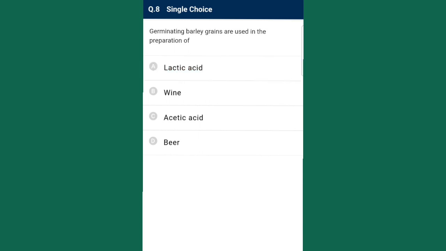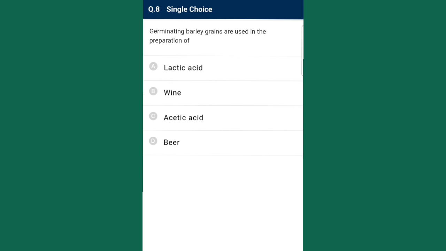Germinating barley grains are used in the preparation of: depending upon the type of raw materials used for fermentation and type of processing, with or without distillation, different types of alcoholic drinks are obtained. Some examples are given here. Beer produced from the fermentation of different starch types such as rice and malted barley.